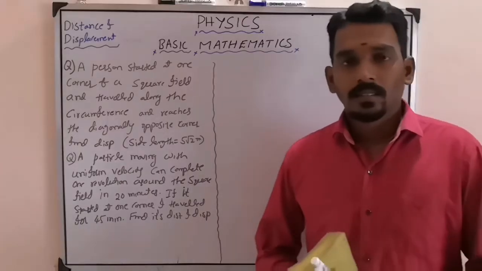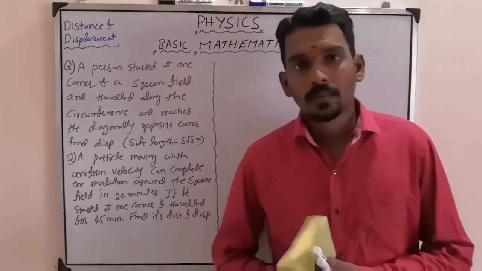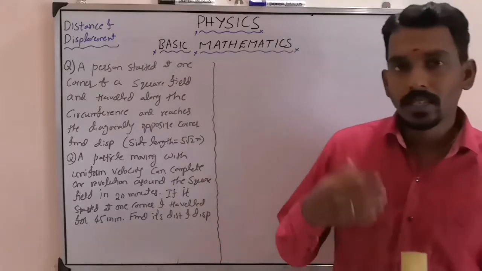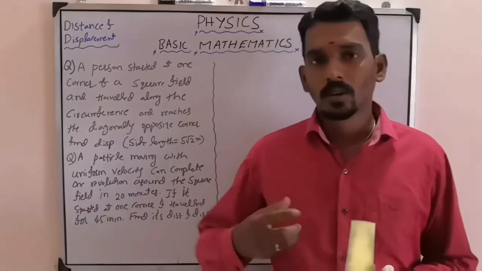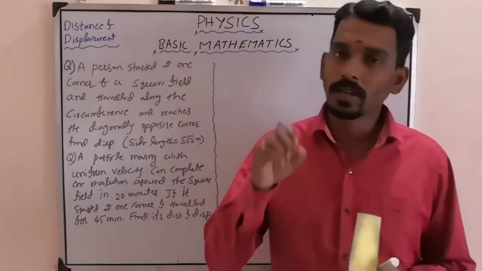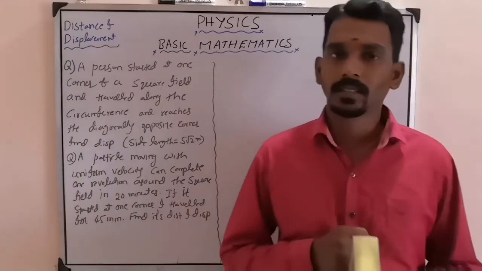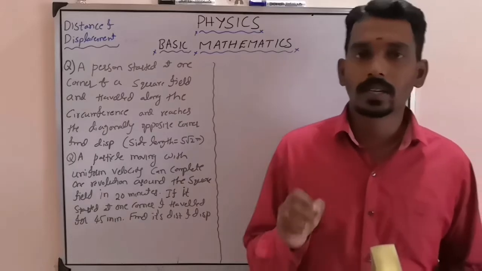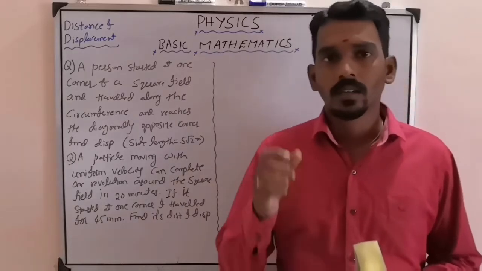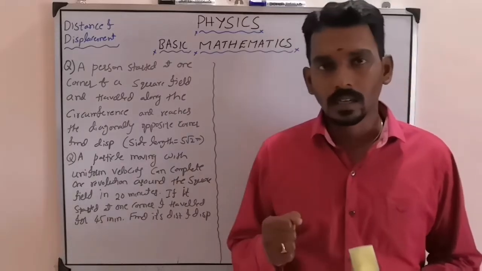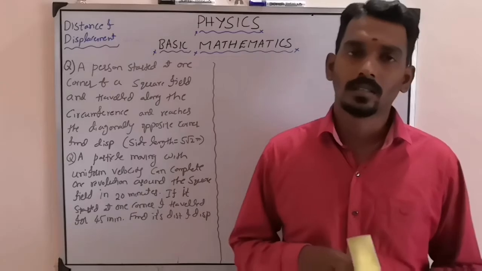Hi everyone. So we have been discussing the basic mathematics, or the role of mathematics in solving physics. We started with one simple thing, that is simple geometry like a square, rectangle, circle, sphere, cylinder.